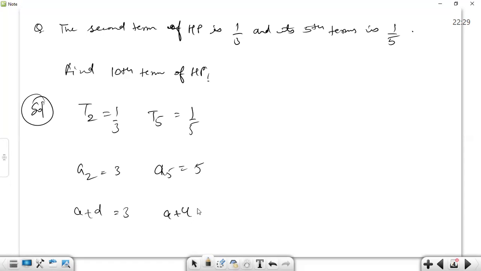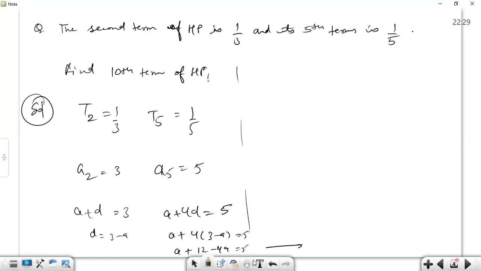The fifth term is A plus 4D, 5. Now we have two equations. Now D can be written as 3 minus A. Substituting D here, it is 3 minus A, so A plus 4 into (3 minus A), 12 minus 3A becomes 5.